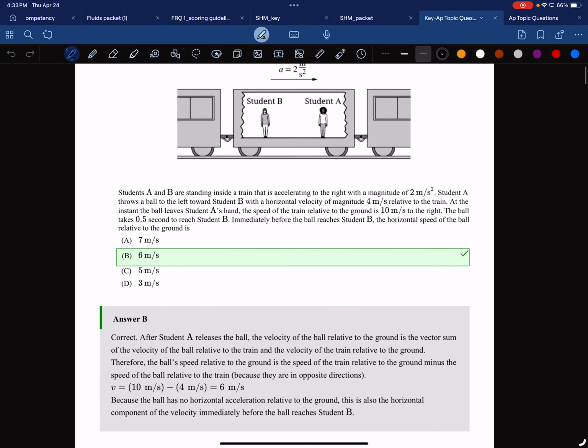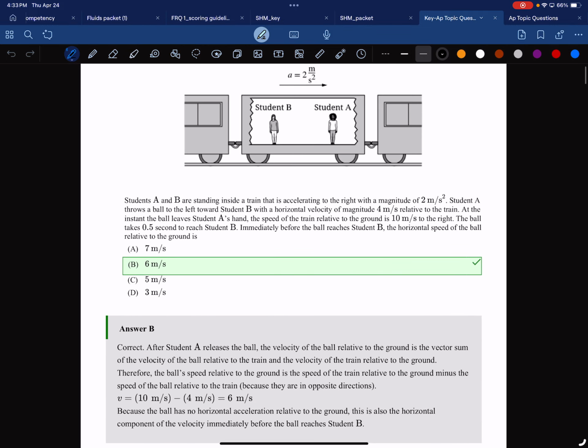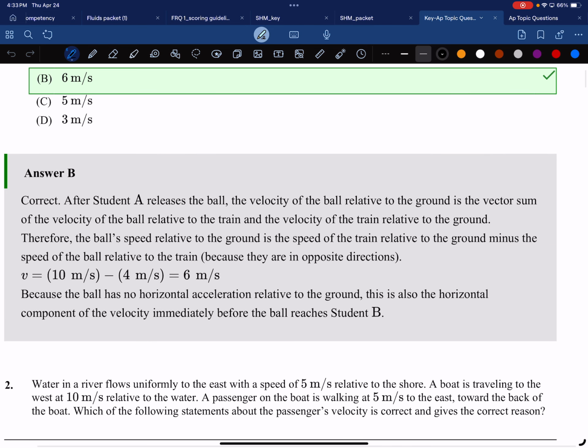And I'm also recording this session for my people that can't make it. So for my people that can't make it, here is the explanation for answer B for question number 1.